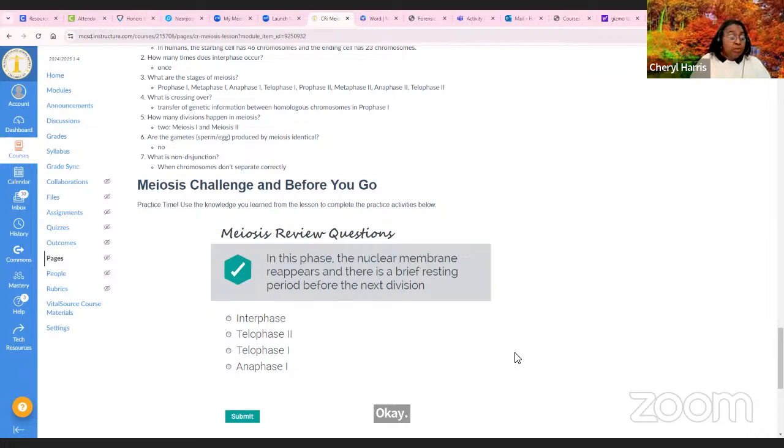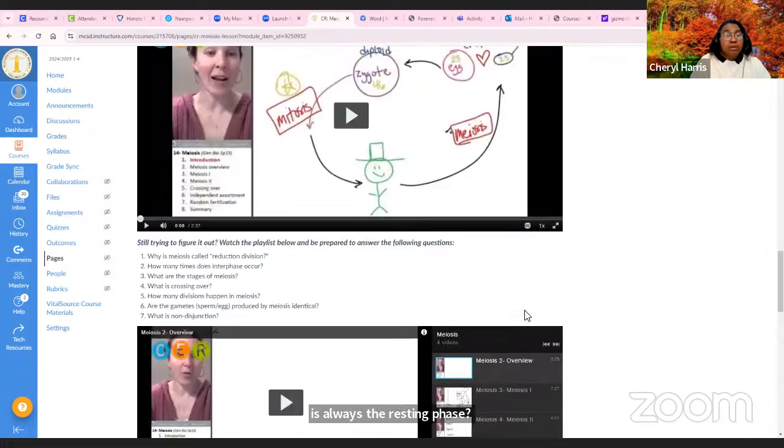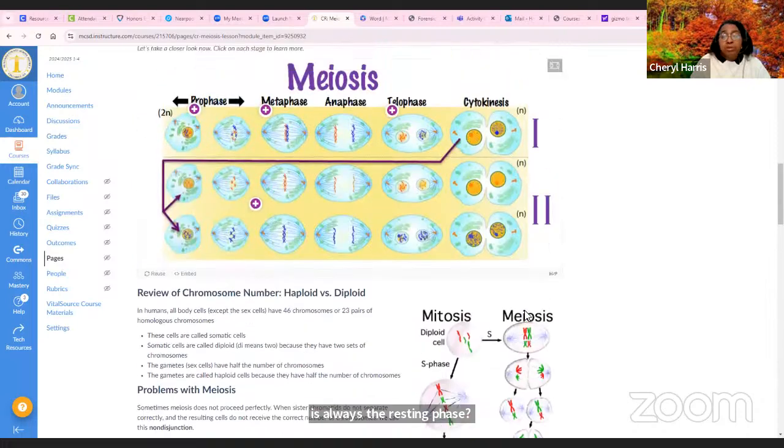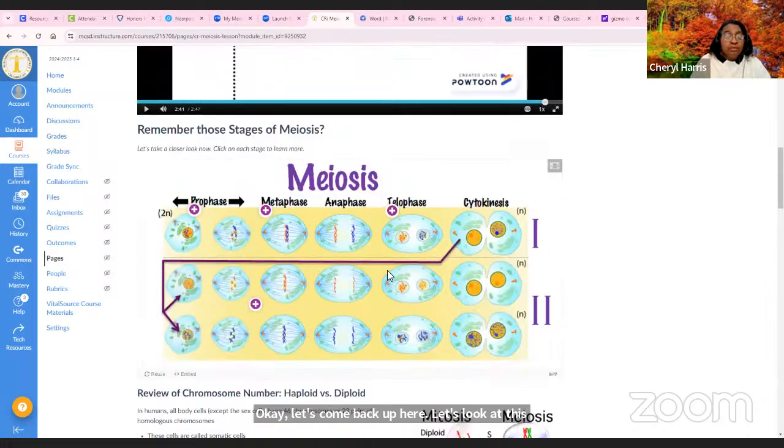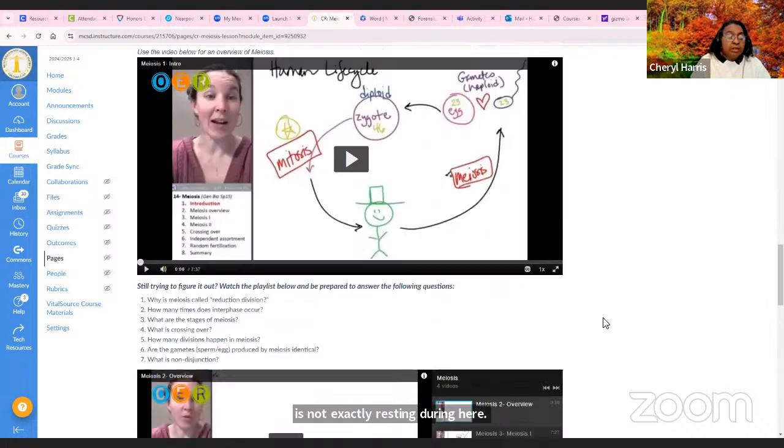So what is always the resting phase? Yeah, okay, let's come back up here. Let's look at this picture. All right, this is telophase 1 and 2. It's not exactly resting during here. Okay, so what is our resting stage always?